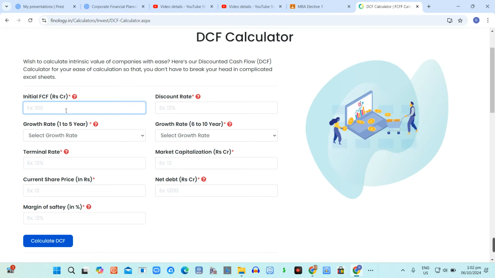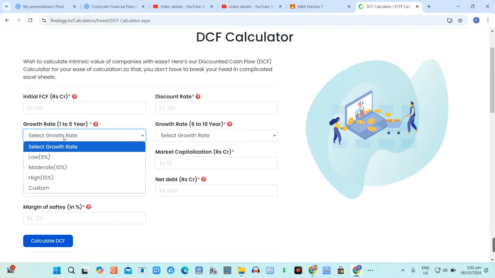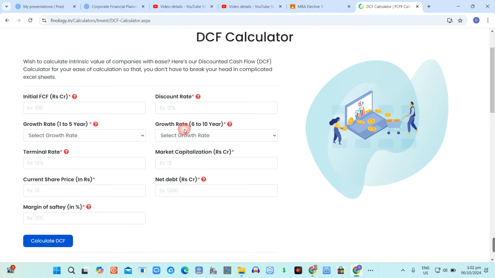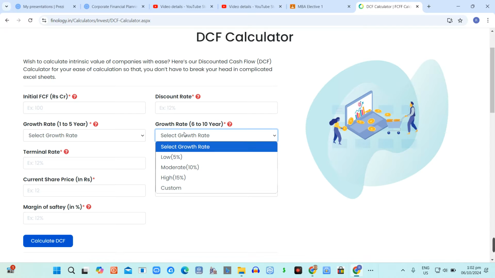Calculate. Well, they will project the first 3 years, and then the first year, sorry, and then they will look at the growth rate given here. You can customize it, and then they will look at the growth rate for the 6 to 10 years.